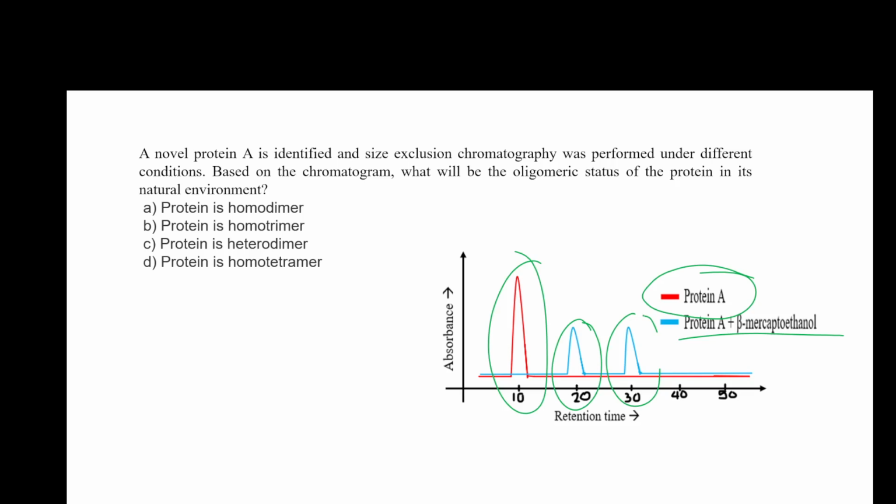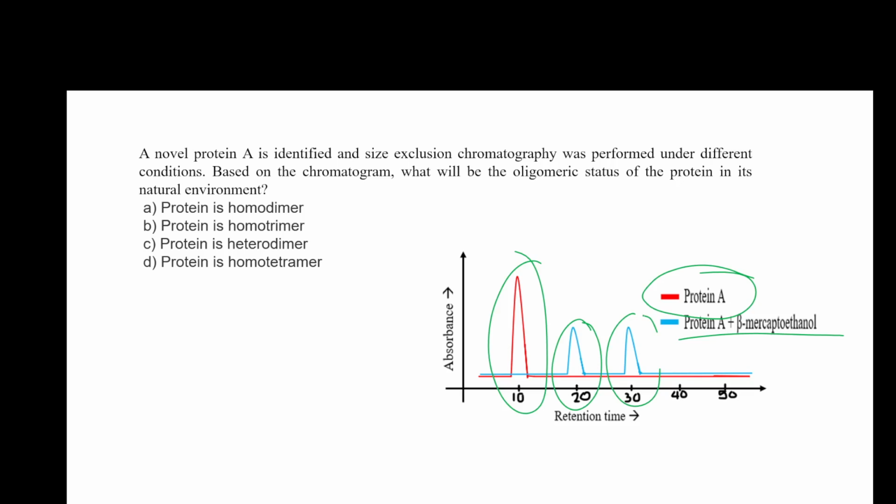Okay. So two different peaks at two different points are coming. That means one subunit is of the higher size, another subunit is of the lower size. And because of that, they came at different time points. Based on that, you can say that there are two subunits and both are coming at different retention times. That means the sizes are different.